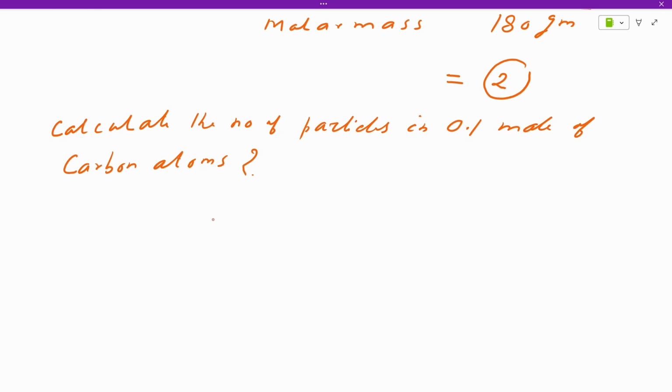So how do we calculate the number of particles in 0.1 mole of carbon atoms? We are aware that 1 mole contains 6.022 into 10 raised power 23 carbon atoms.